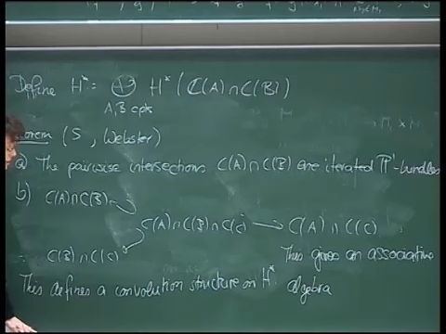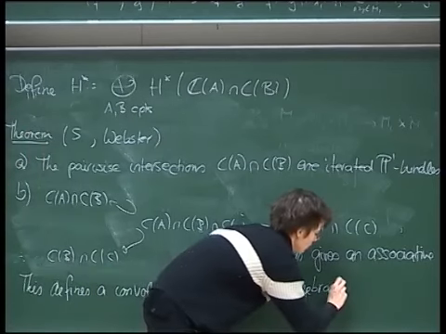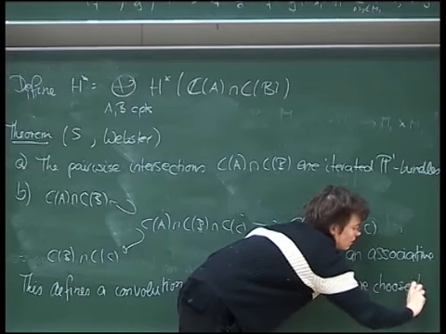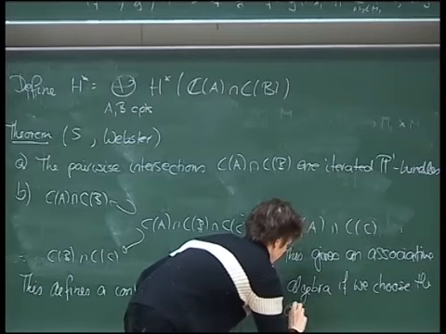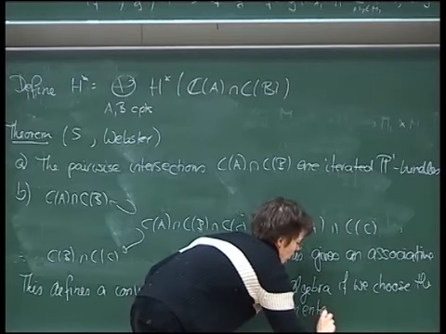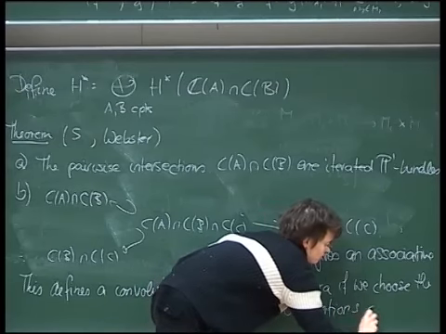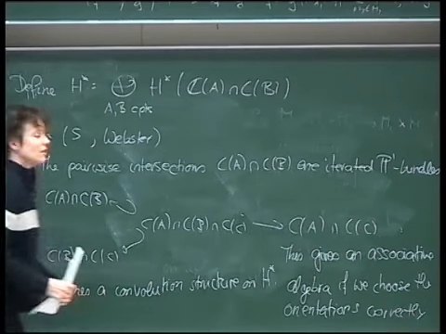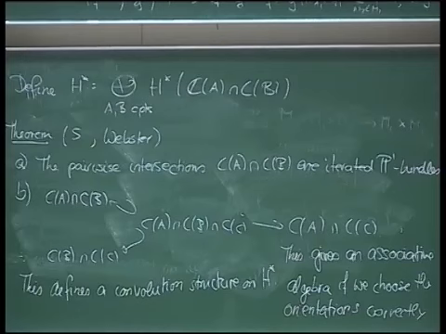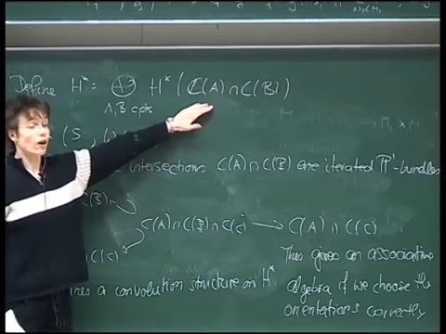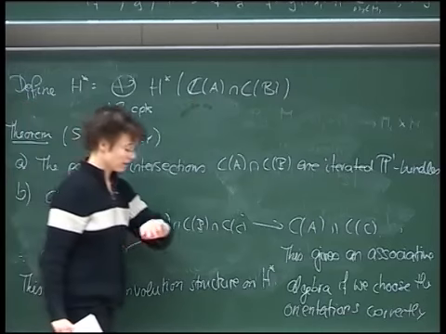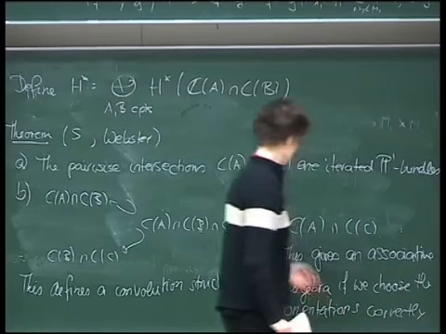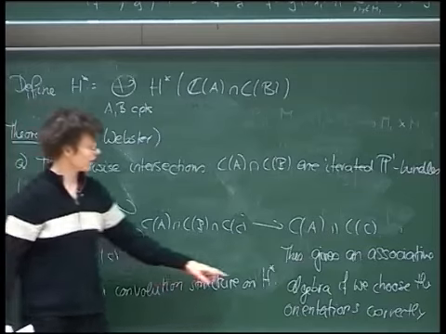There's a slight complication if we choose the orientations correctly. If we just take the orientation of this manifold given to us by the complex structure, then this construction won't give an associative algebra.